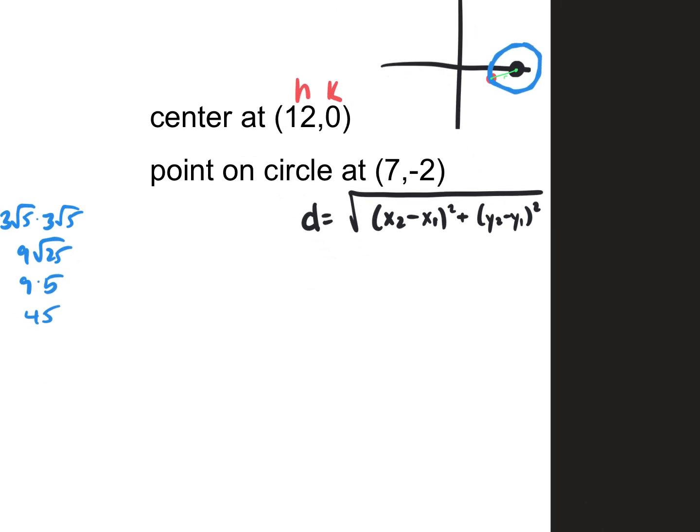Or, truthfully, my preference here would be if I zoomed in on this graph and said that this is 1, 2, 3, 4, 5, 6, 7, 8, 9, 10, 11, 12. I have my center here at 12, 0, and my point on the circle is at 7, negative 2: 1, 2, 3, 4, 5, 6, 7.